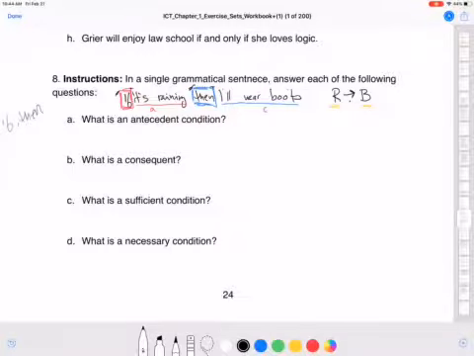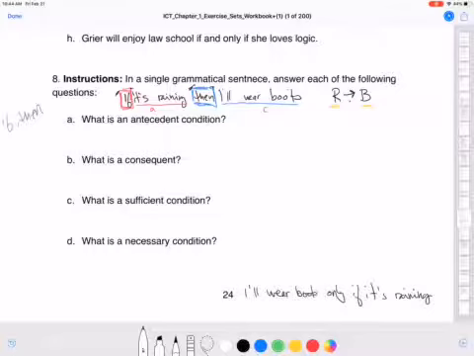But there's a catch. If I have a sentence that says, I'll wear boots only if it's raining, this is different. Only if is not if.